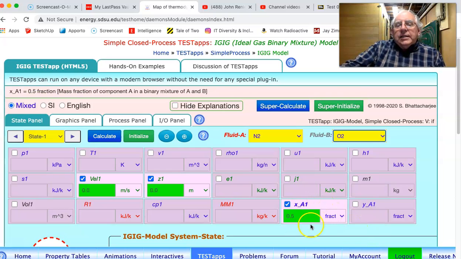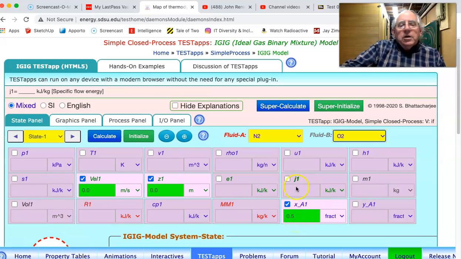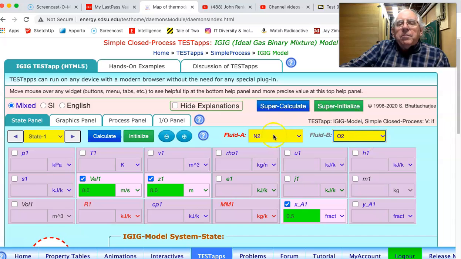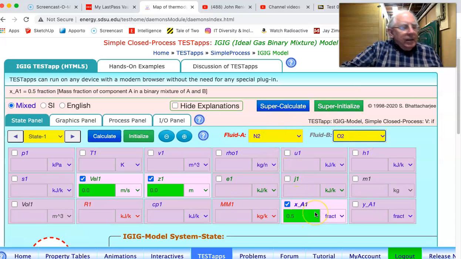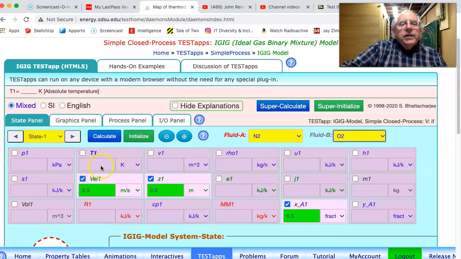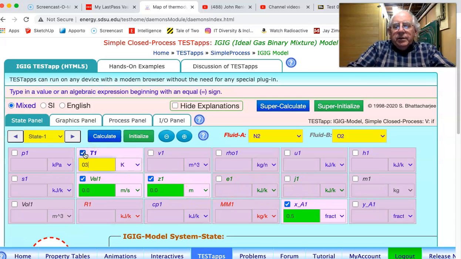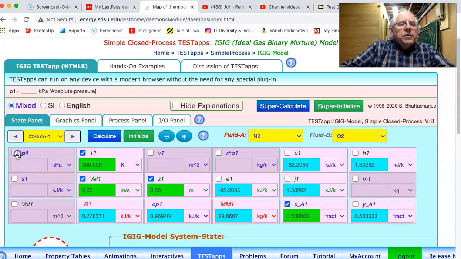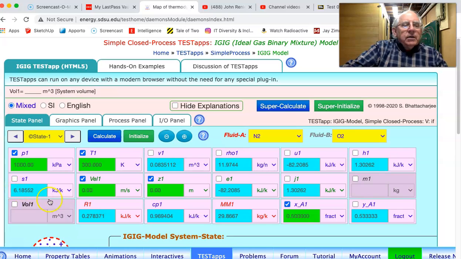And so we see that the mass fraction is 50%. So it's already a 50-50 binary mixture of those two components. We know that the temperature is 300, and we also know that the pressure is 1,000 kPa, or 1 megapascal.